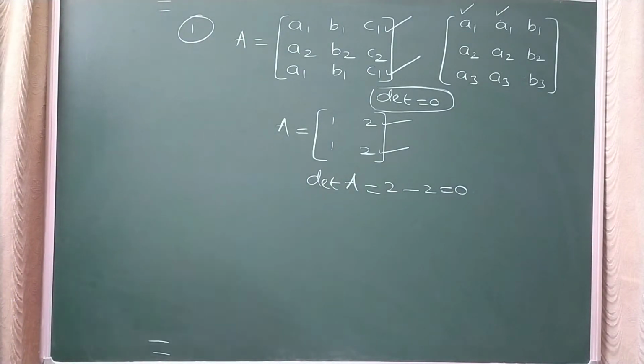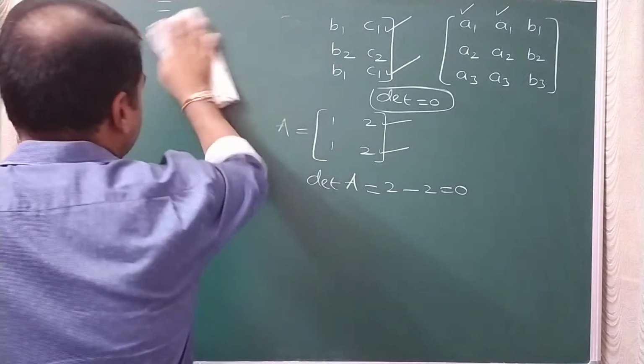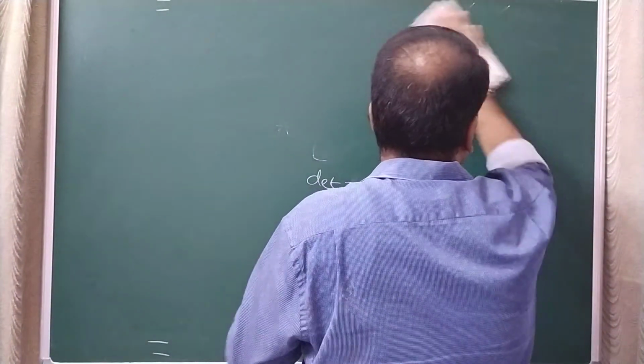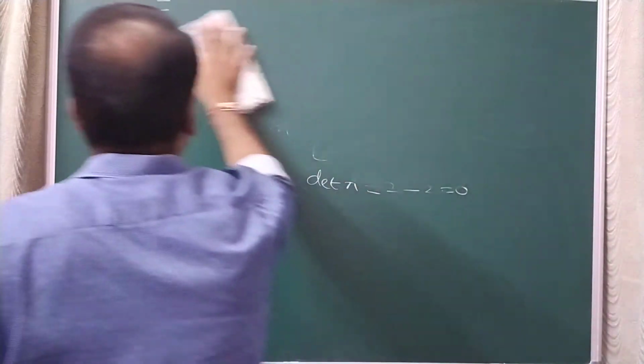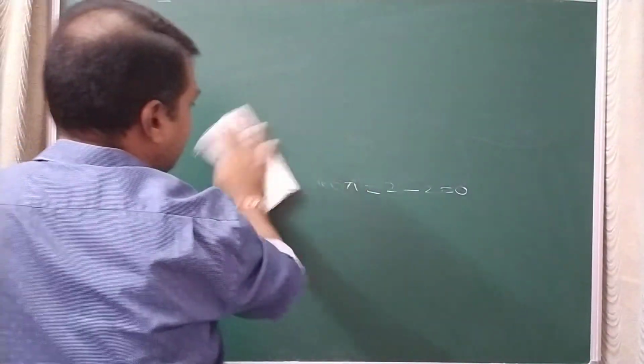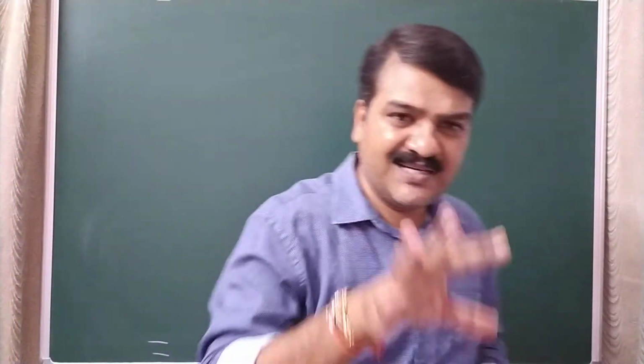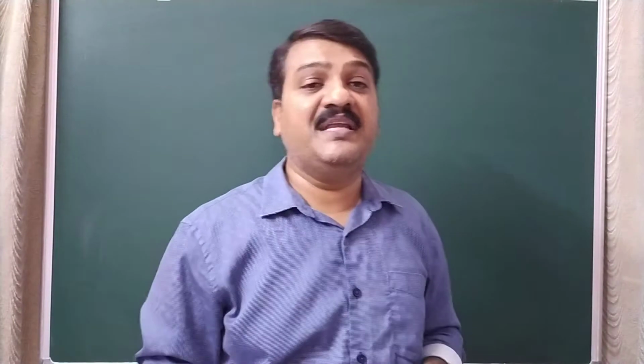Next, I am going to the next property now. Determinant properties will be very useful when we are finding the determinants of different problems. When we are finding determinants, we will use the properties. Some complicated problems will be there where directly we cannot expand, or by expanding the problem becomes very lengthy.